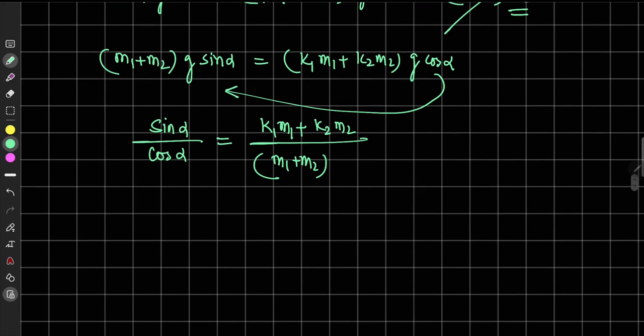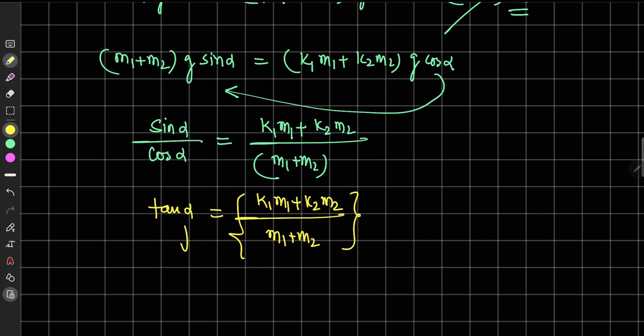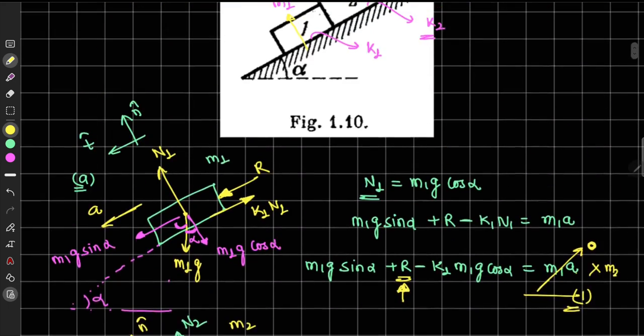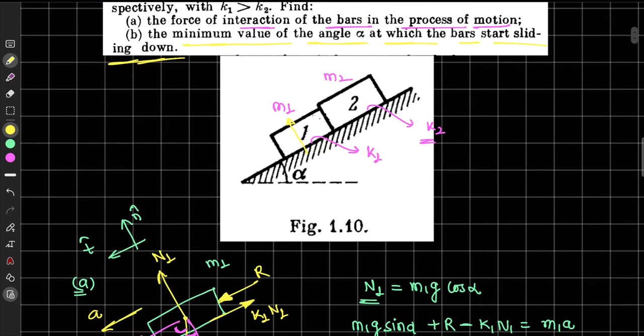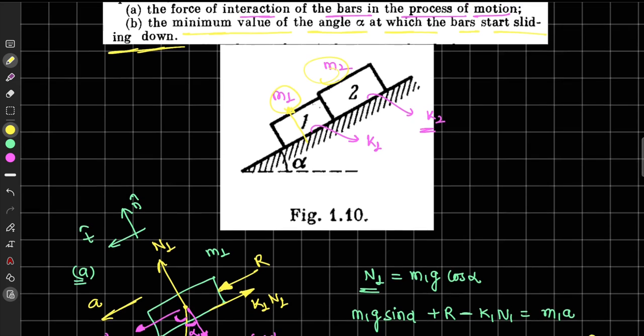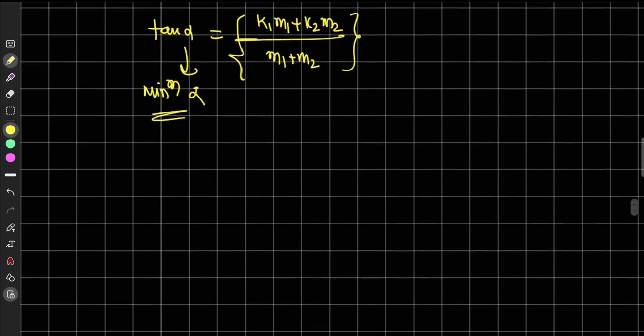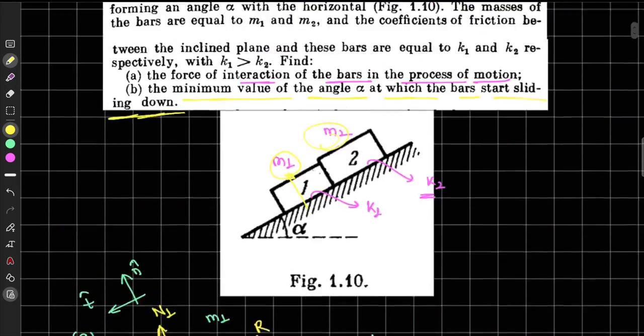So from here we will get tan alpha = (k1 m1 + k2 m2) divided by (m1 + m2), and this is the minimum alpha for which the masses m1 and m2 will be at rest, or we can say it will just slide down. So I hope the entire procedure is clear. Thank you.